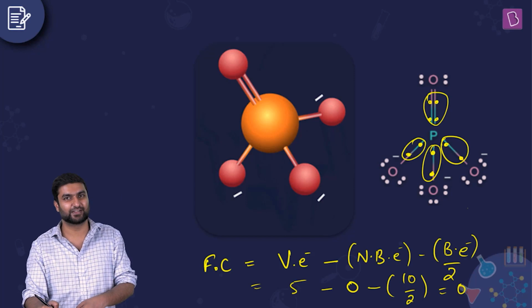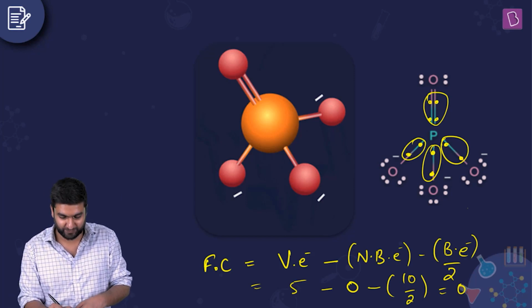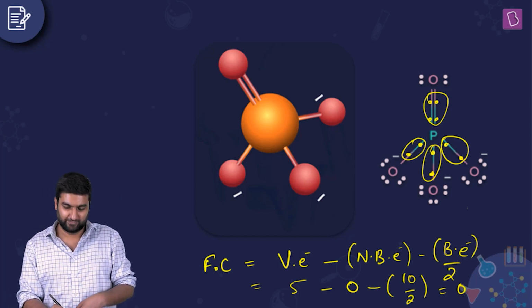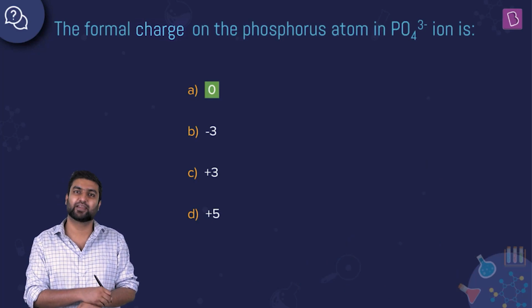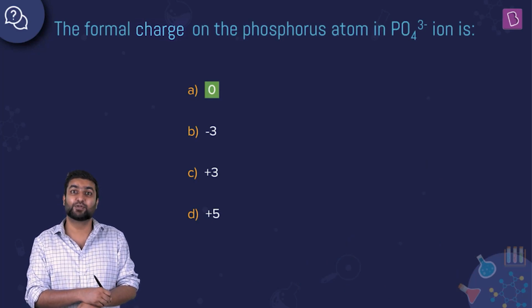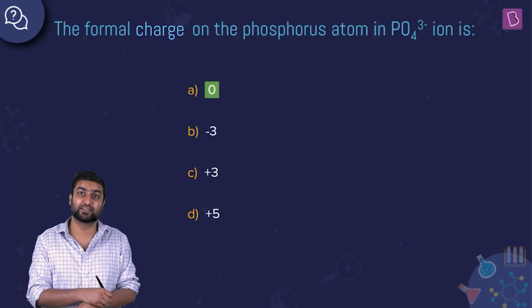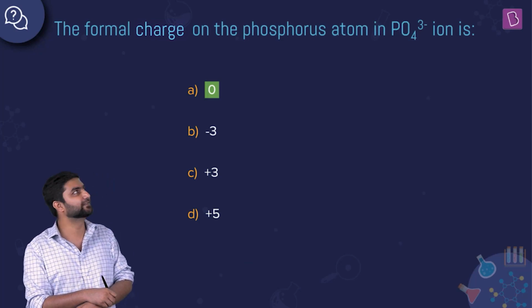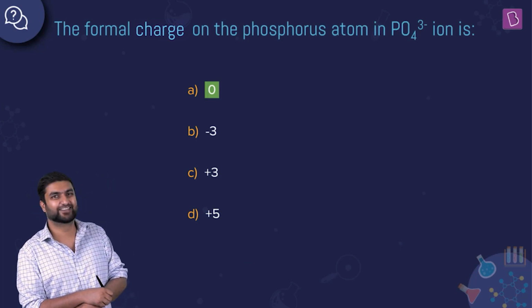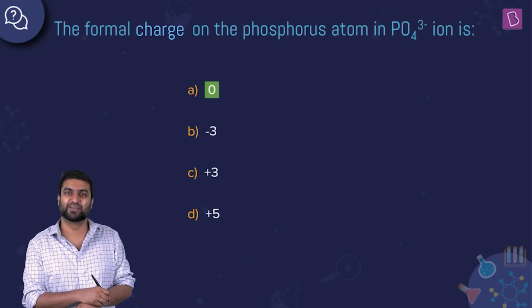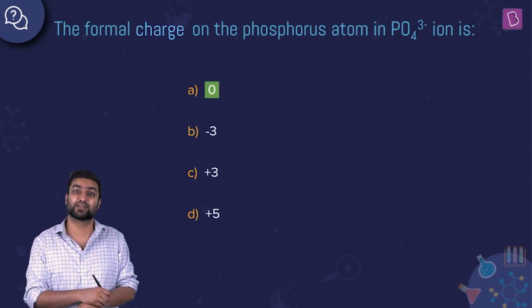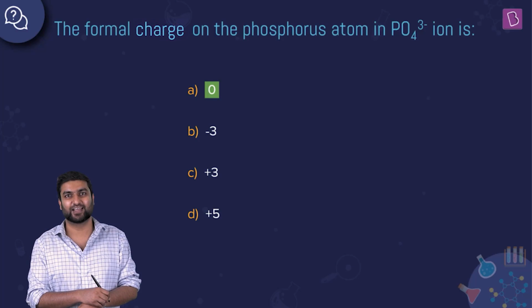And this is essentially what we have. All right, cool. With that, what is going to be the correct response? The formal charge on the phosphorus atom in this particular case is 0. With that, this question is concluded.